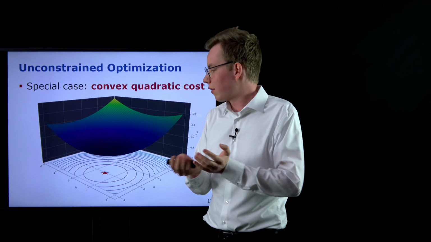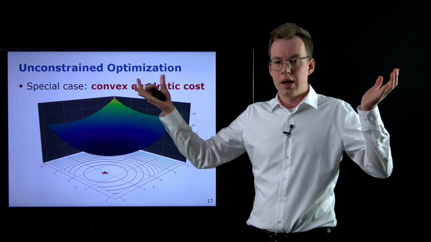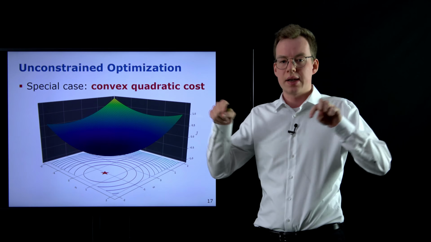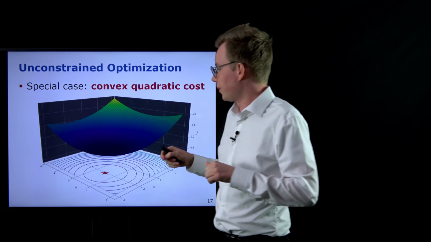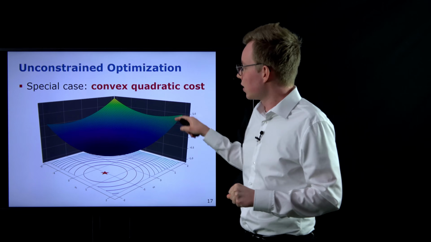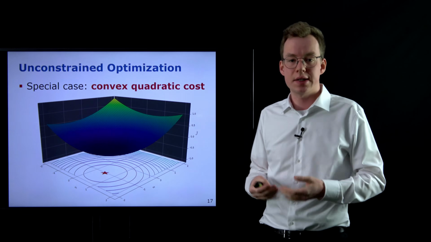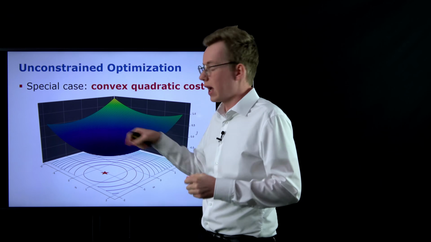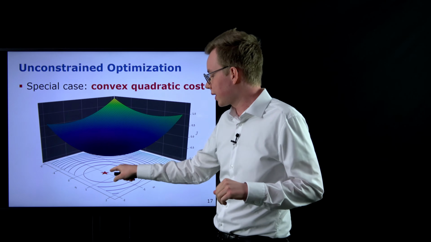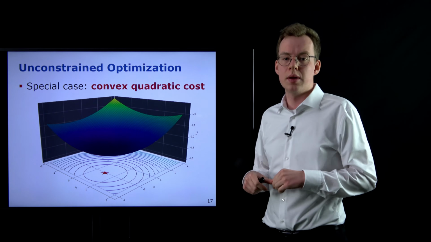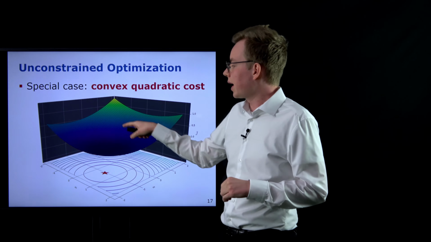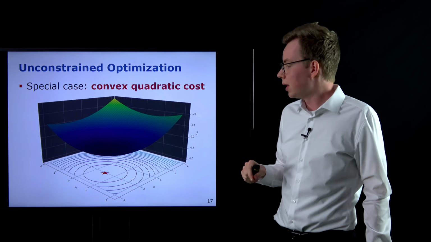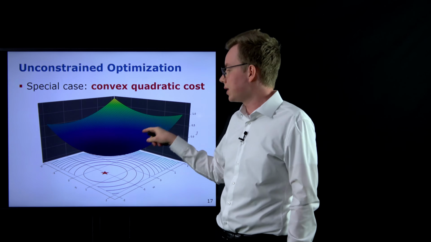And so in multi-dimensions, we get these quadratic surfaces, or in 1 dimension you would just get a parabola. And so for these convex quadratic costs, the nice thing is that we can compute the minimum analytically. So here we could just say, if we had this entire cost landscape, we could just directly step to this global minimum by taking the gradient of this quadratic function and just setting it to 0. And so we're just solving for the point where the gradient of this function is 0.